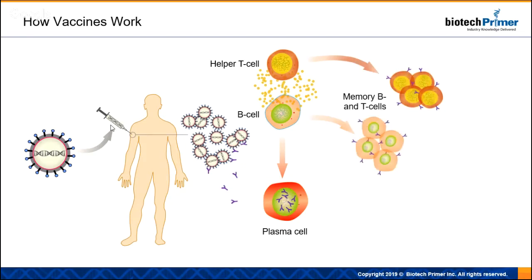And so now we have memory B and T cells. So the next time we see that live virus, we have a rapid immune response, so a 24-hour immune response to rapidly defeat that virus.